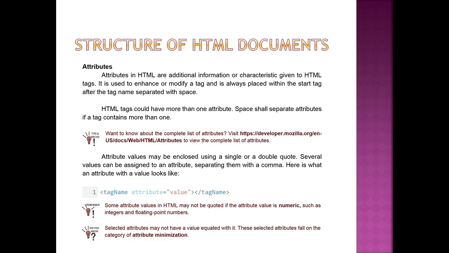Attributes may be enclosed using single or double quotes. Several values can be assigned to an attribute, separating them with a comma. Most of the values of an attribute are enclosed in single or double quotes, but it depends on the value.